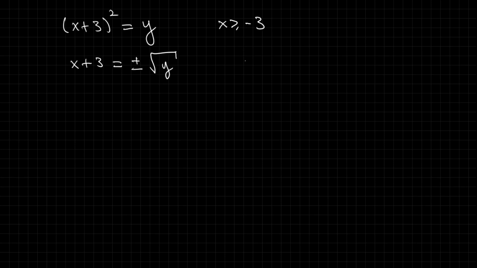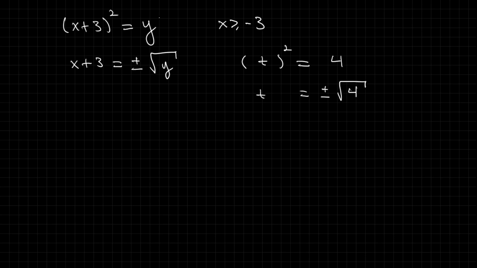To help you remember why that is, remember if you have something, t, squared equals 4, then what are the solutions to this equation? Well, t could be 2, but it also could be negative 2 because negative 2 squared is 4. This 2 is the square root of 4.